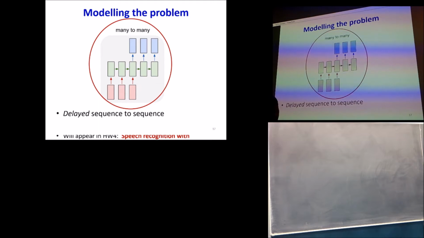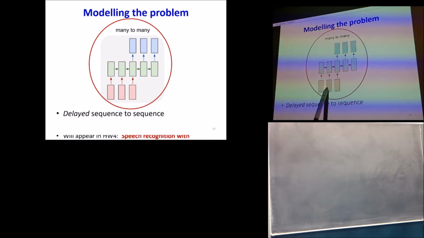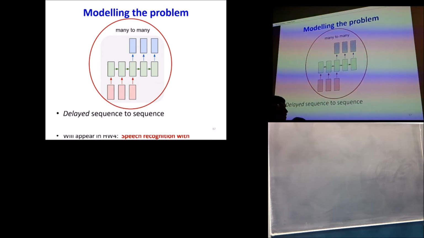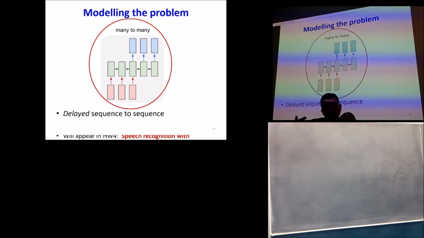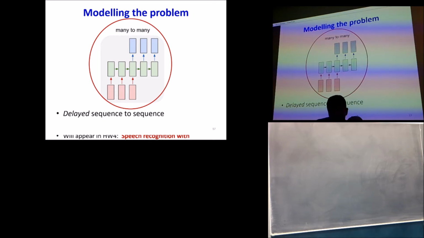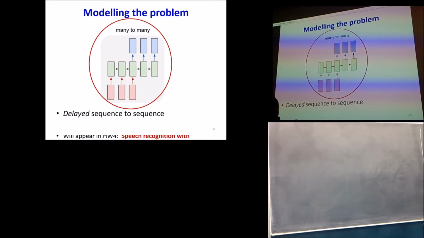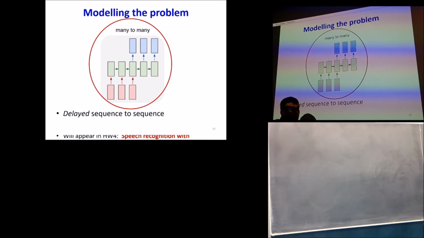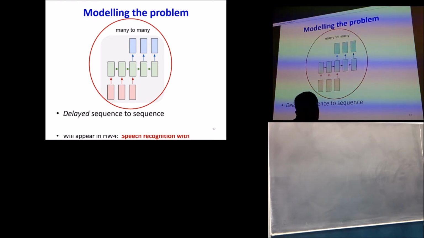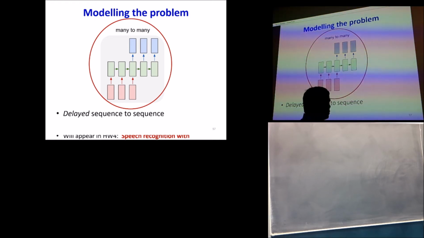That problem can be modeled by this version of the neural network. We've seen this before. So you have a sequence of inputs going in, and once the entire sequence of inputs has gone in, the hidden state essentially stores or summarizes all the information about the sequence of inputs. And based on that, it can now go ahead and produce the sequence of outputs that is best suited to the given sequence of inputs.